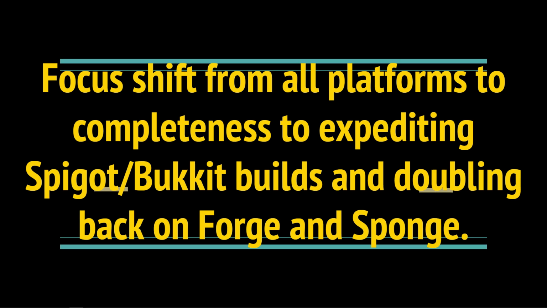Because here's the thing that me and Level 80 have noticed: one of the things that's really nice about working with the system that we're working on is that once we know what every piece of the rune is going to need, which we can do with Spigot and Bucket, we can go, okay, we need this rune doing this thing, this is the function, we're going to do it strictly for Bucket/Spigot and say, okay, here is this rune completed for that.